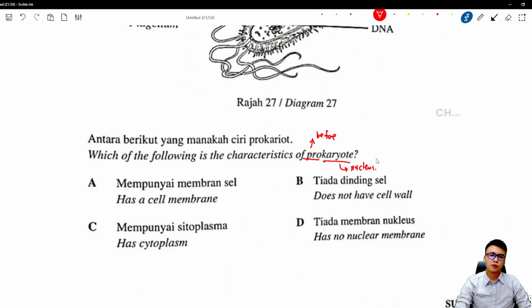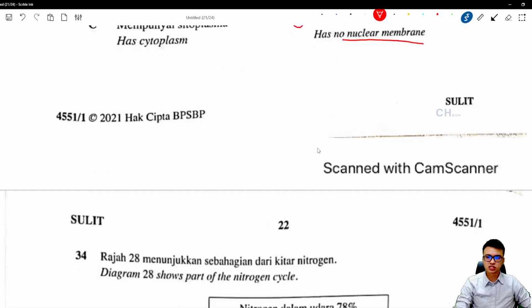That means the nucleus is not fully developed yet for these prokaryotes. So the answer here should be has no nuclear membrane. It doesn't have a well developed nuclear membrane. So the answer is D for this question.